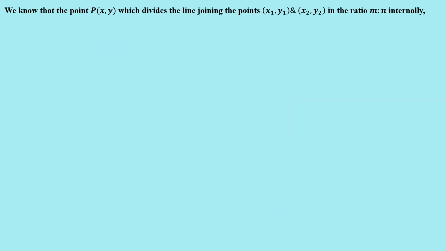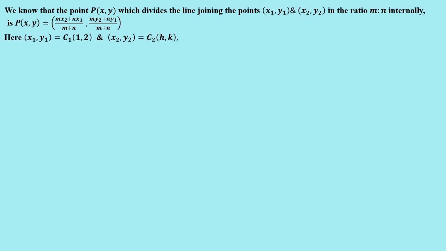So we know that the point P(x, y) which divides the line joining the points (x1, y1) and (x2, y2) in the ratio m is to n internally, has coordinates (mx2 plus nx1) by (m plus n), comma (my2 plus ny1) by (m plus n). Here (x1, y1) is the center of the first circle, 1 comma 2, and (x2, y2) is the center of the second circle, h comma k.